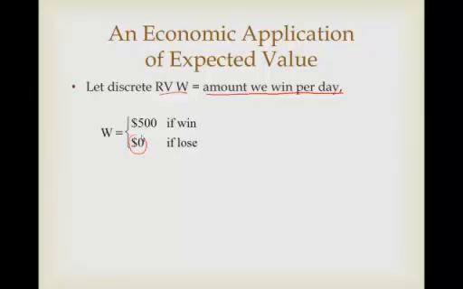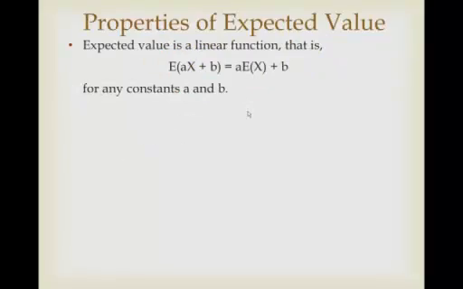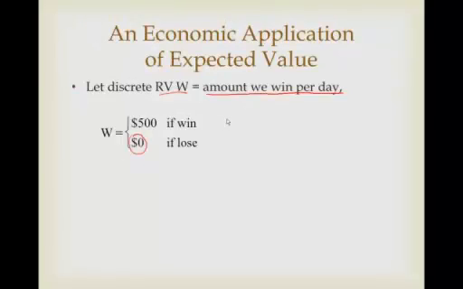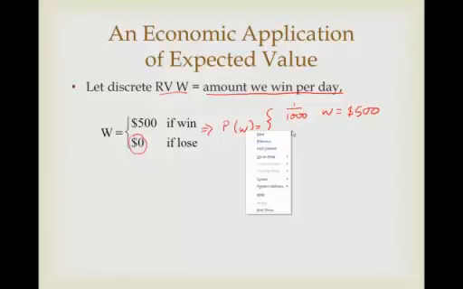Well, we could define this a little bit differently. We could say it's -1 if we lose, and you'll see how that would play out, but we won't do that this time. We'll simply say that the probability of W is 1 out of 1,000 that we're going to win $500, but it's 999 out of 1,000 that we're going to win 0.